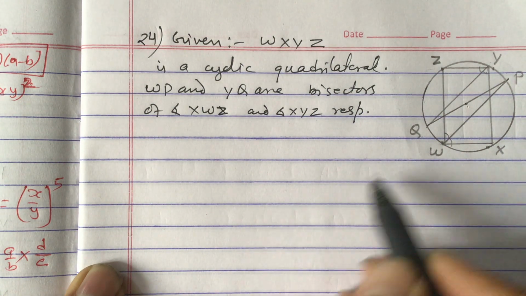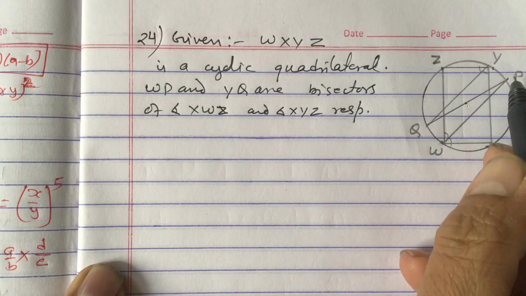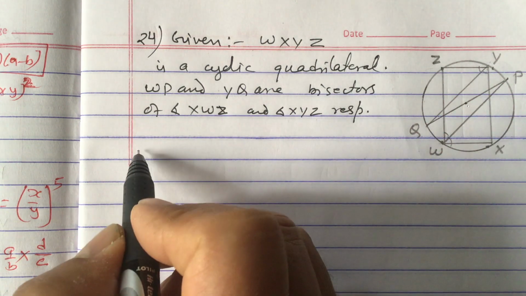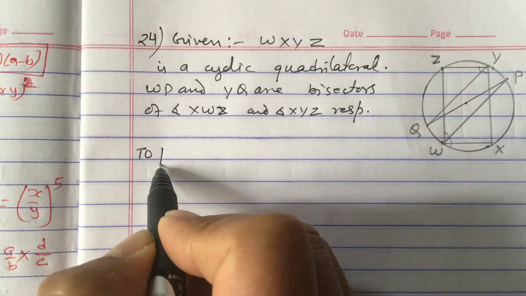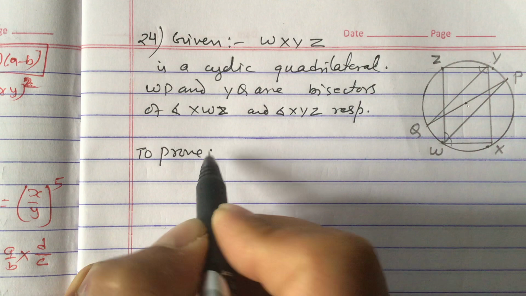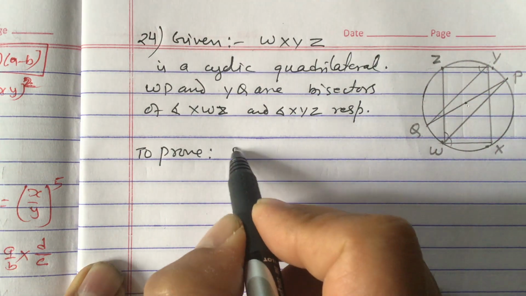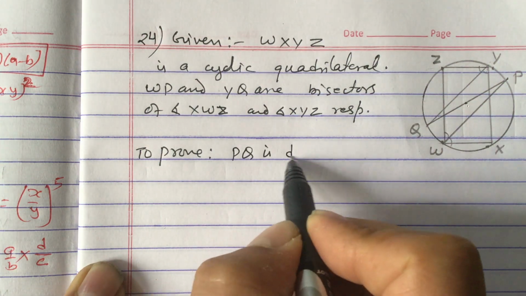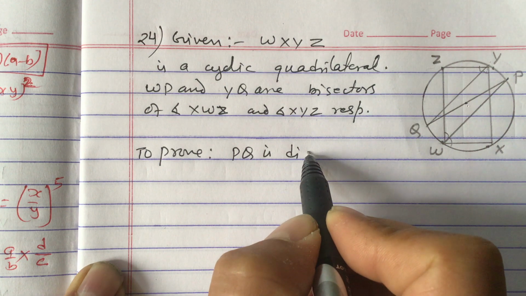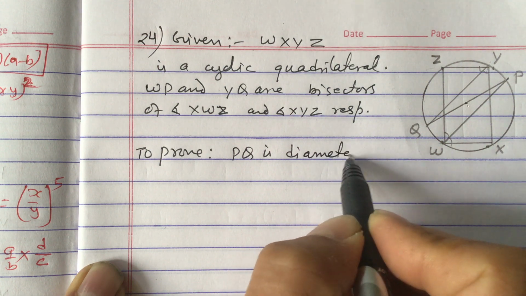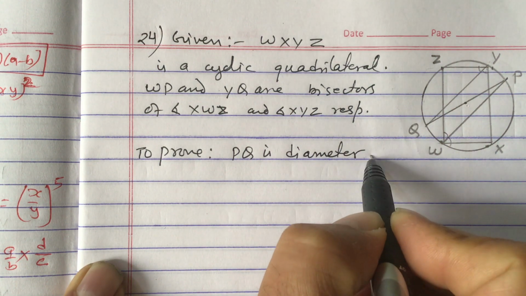Now this and this join, no need to write this one. Now to prove, we have to prove PQ is diameter. PQ is diameter, that we need to prove.